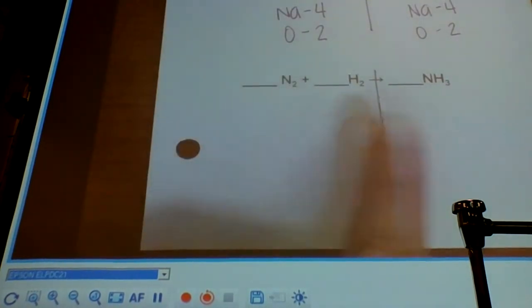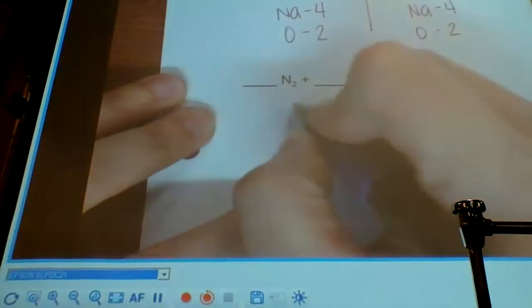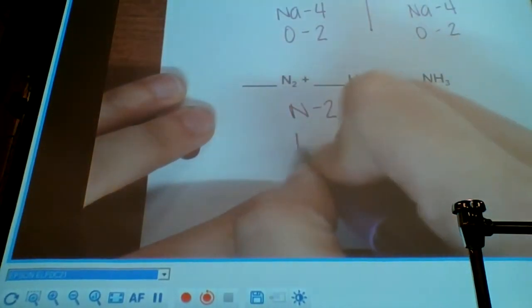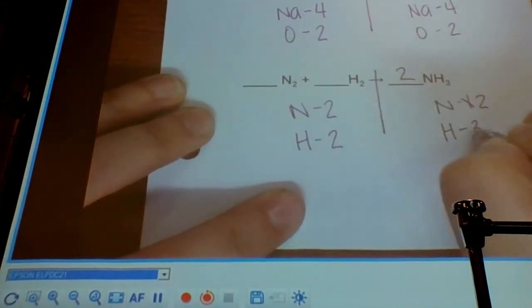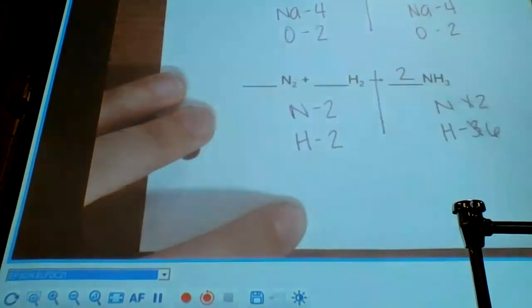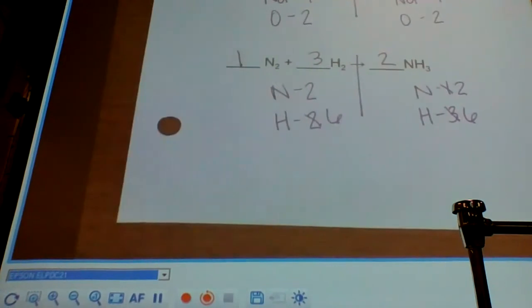You're going to want your H's to be 6 because they have a 2, 3 pattern. And hopefully you got 1, 3, 2.